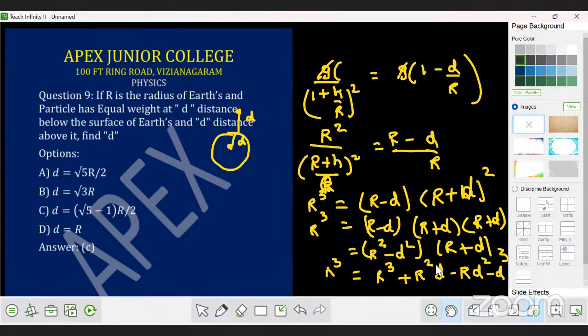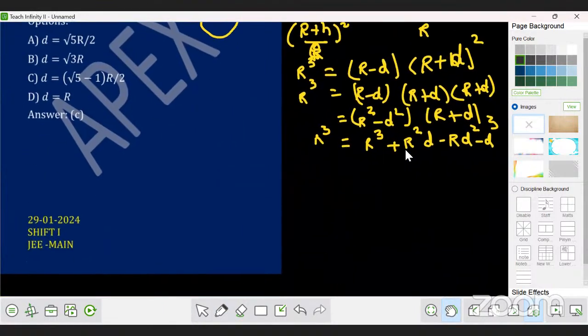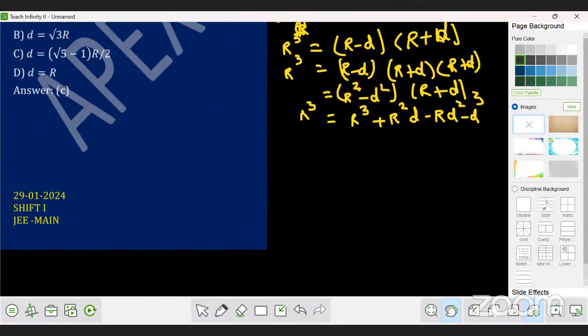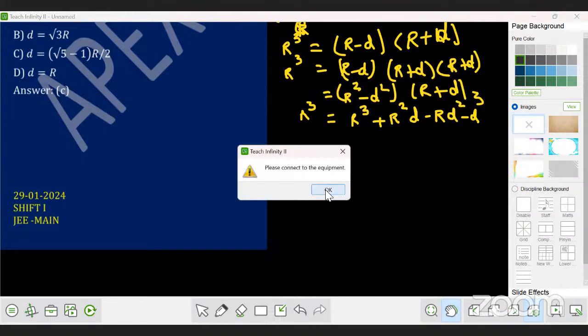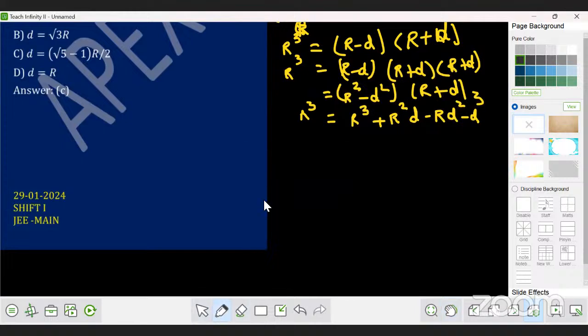Now you have to do it very carefully. Then this will be 0 equal to d. You have to find out, r square d minus r d square minus d cube.